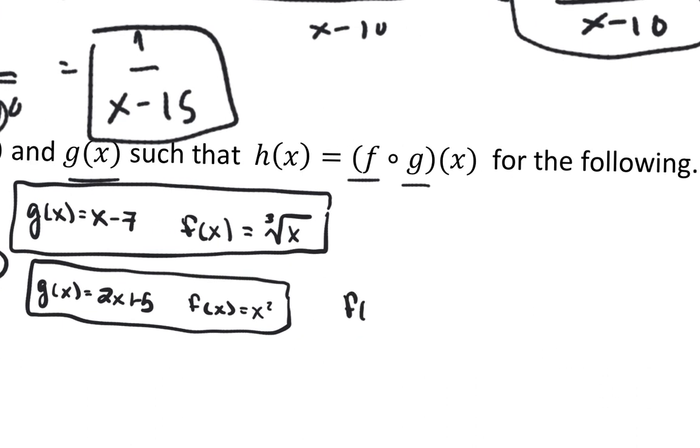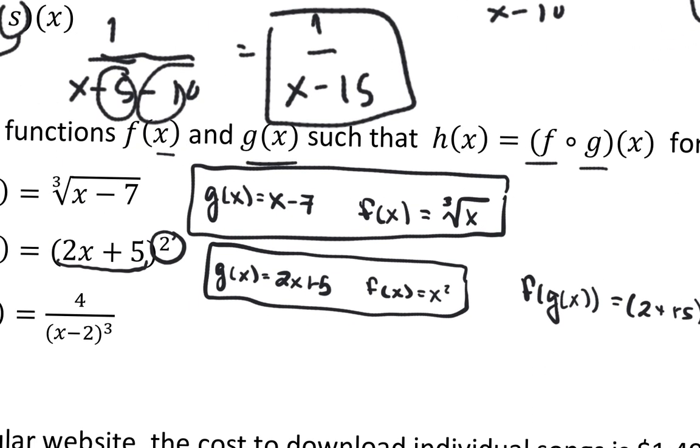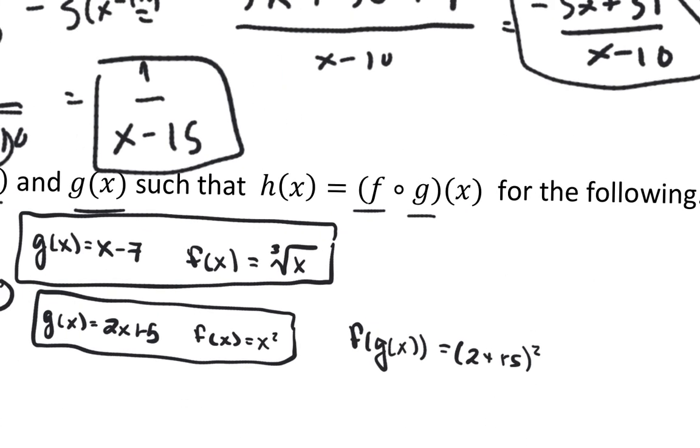So f of g of x is just going to be putting this 2x plus 5 in place of the x. So we're going to have 2x plus 5 squared. And again, that is exactly what we started with. So we are all good there.